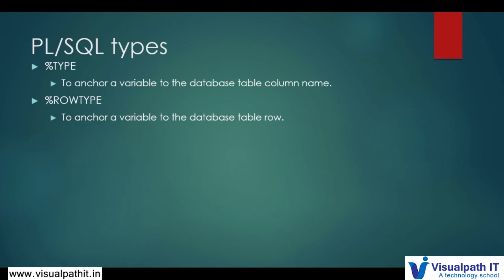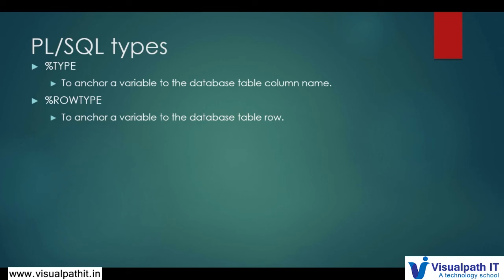So while defining that variable, we have to tell Oracle that this variable will be anchored to this table column name. How to do that we'll see in the practical portion.